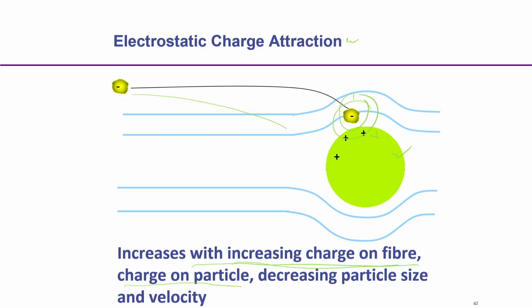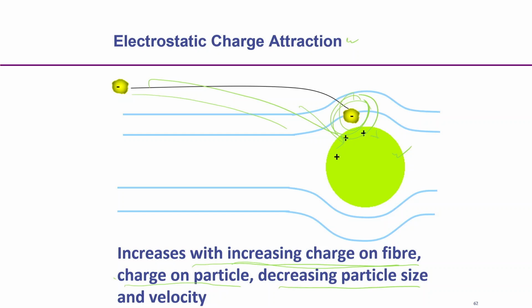If we increase the charge of the particle, then it will be more. Decreasing the particle size, that means it will have lower inertia, that will get attracted, and at lower velocity. So, if the velocity is low, then it will actually get attracted with the electrostatic charge. If the velocity is more, then the air will try to take the particle.